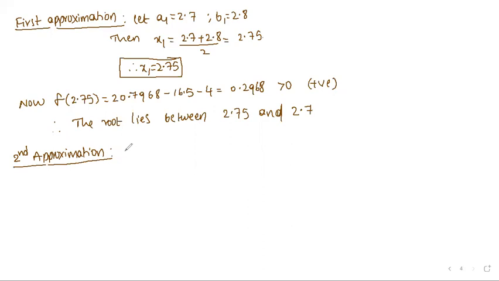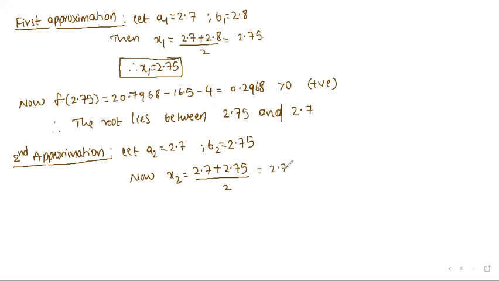That is equal to, let a2 is equal to 2.7, b2 is equal to 2.75. Now x2 is equal to 2.7 plus 2.75 divided by 2, 2.725. Therefore, x2 is equal to 2.725. Substitute x2 value.